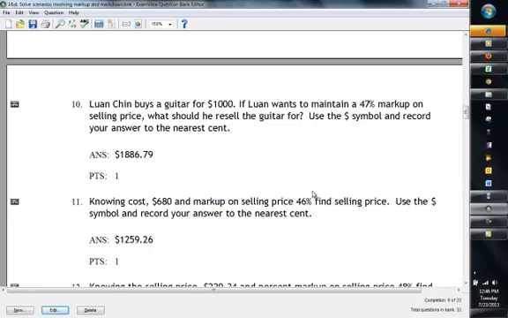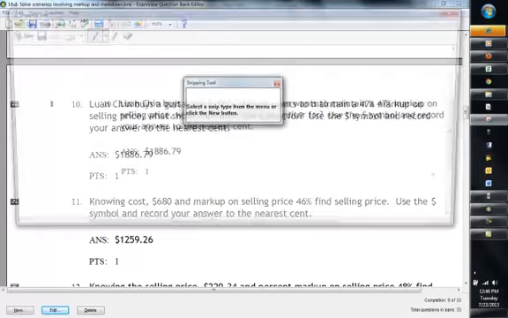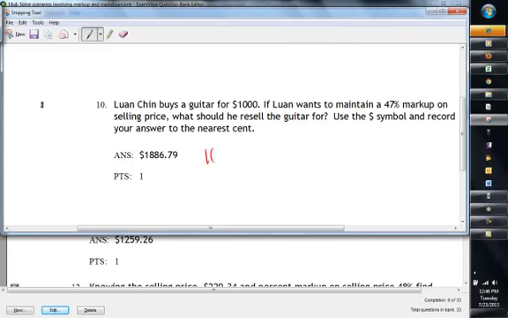Luan Chin buys a guitar for $1,000. She wants a 40% markup on selling price. So this time the selling price is the base again. So the part is $1,000. That is the cost. The base times 0.53, because if it's a 47% markup, 53% is the base.